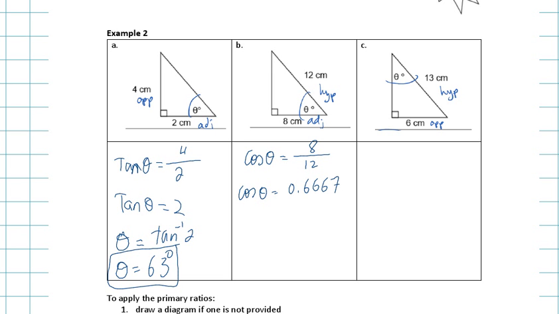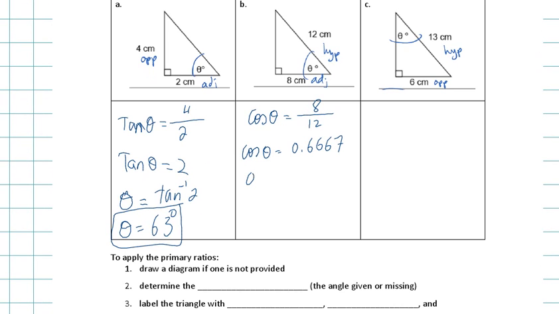Okay, now what do I do in order to find the angle? Cosine inverse, that's right. So the inverse of cosine. And tell me what you get when you do this. 48.187. 48.